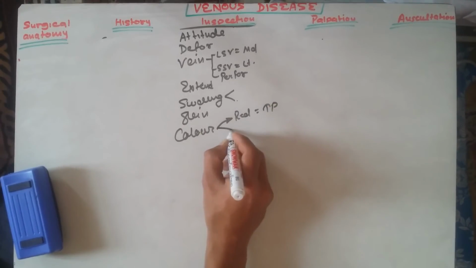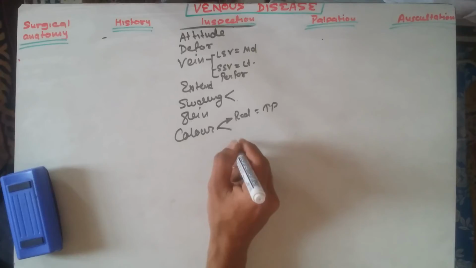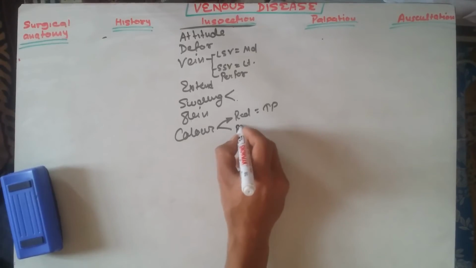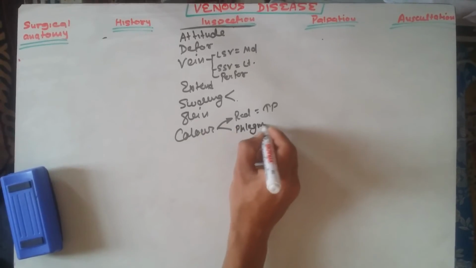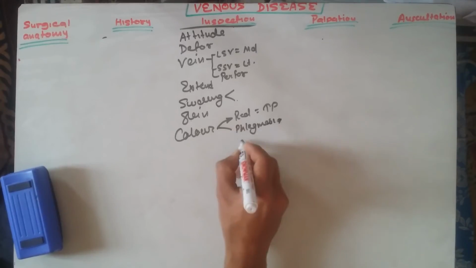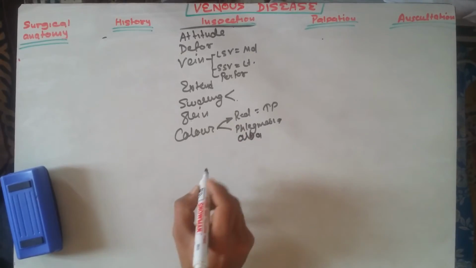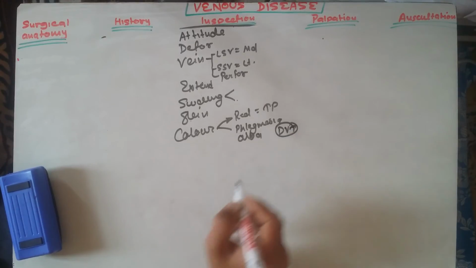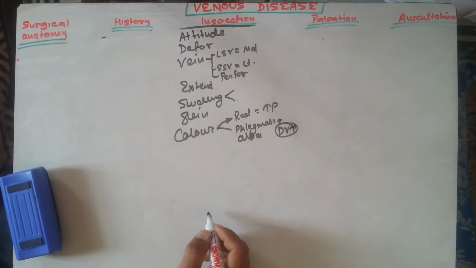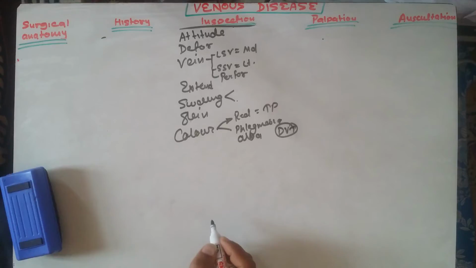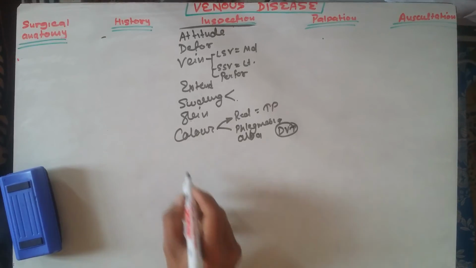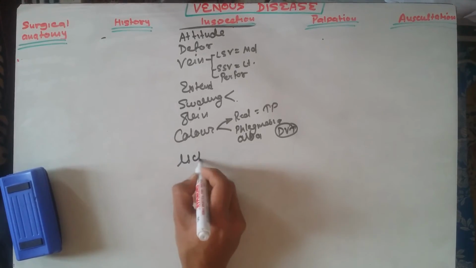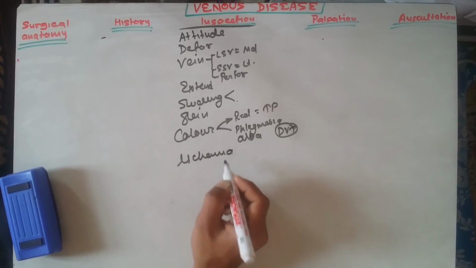And if there is massive DVT, there will be phlegmasia alba dolens in case of DVT. Okay, in DVT. And the other, we will also inspect for the toe for any gangrene or loss of hair. Simply we are looking for the ischemic feature.